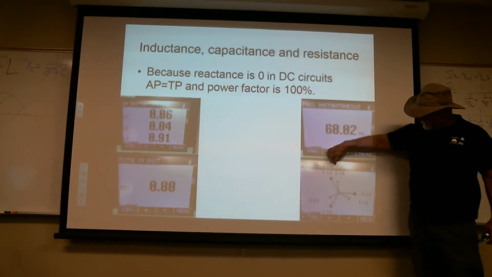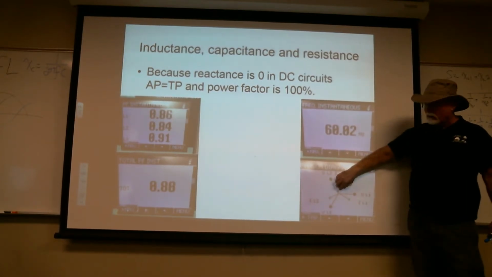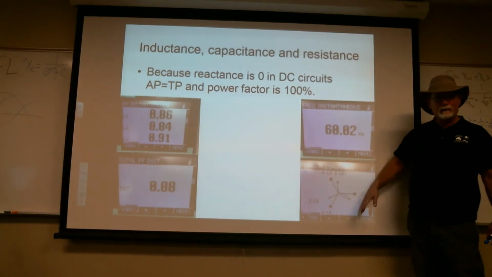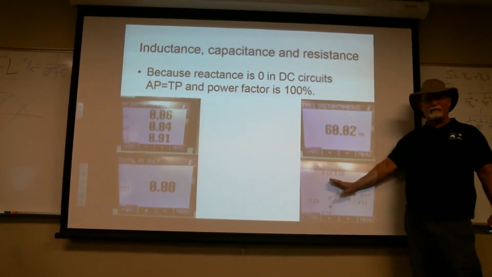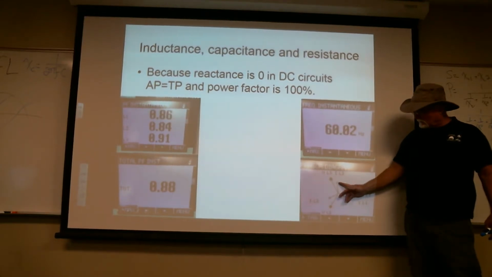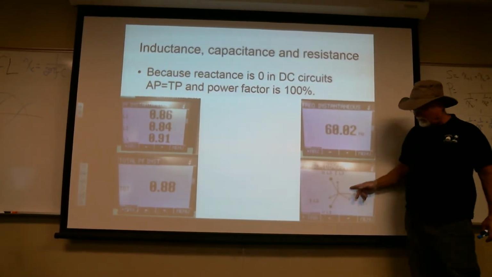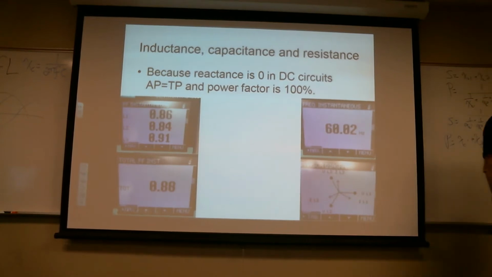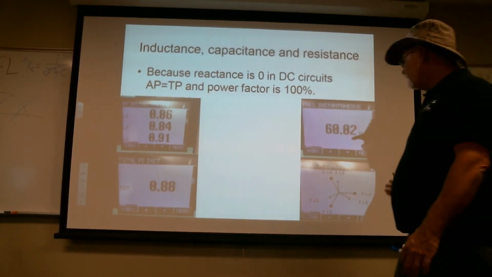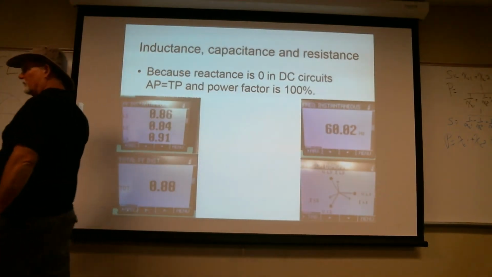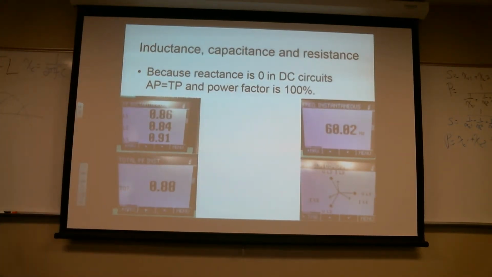My guess is the way they're trying to represent this is current is lagging, and it's an inductive problem. If we went into capacitive nature, these guys would shift and go the other direction, and they'd lead. Okay, that's just a graphic way of demonstrating the issue.